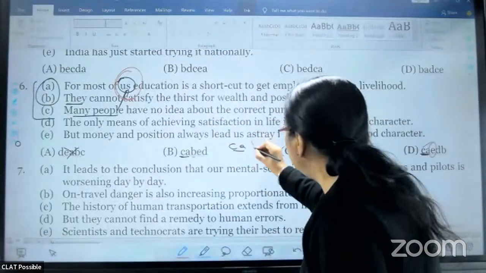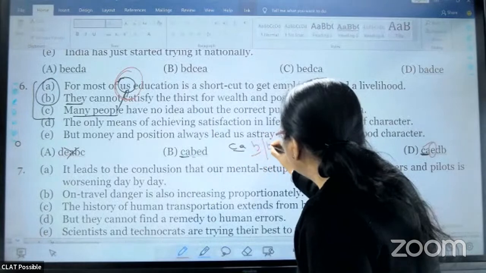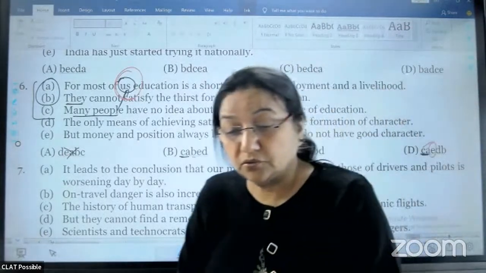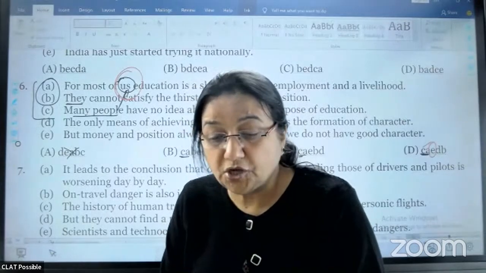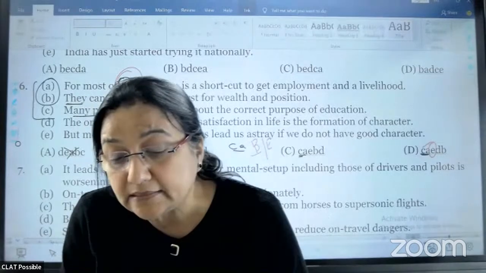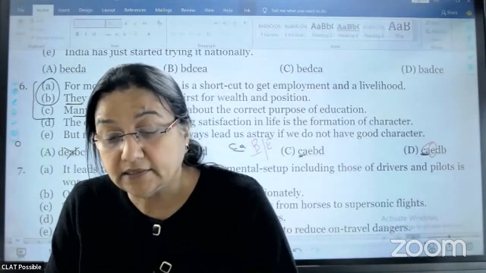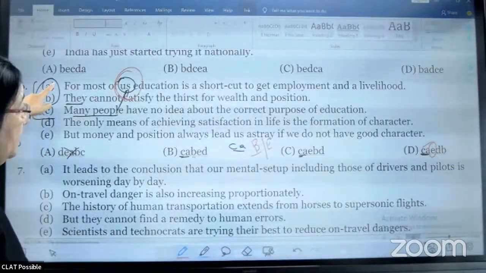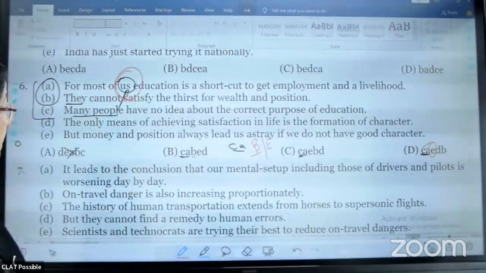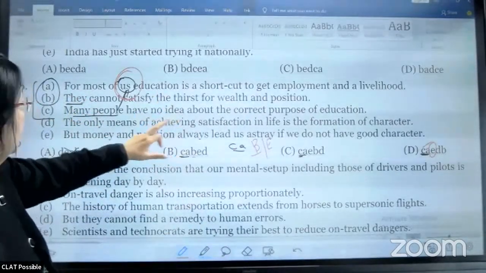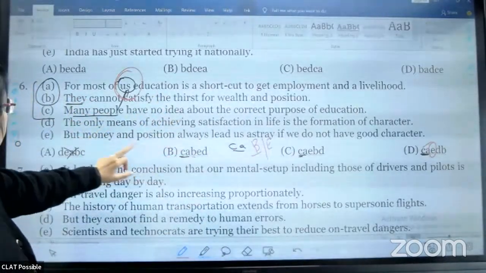Should it be B or should it be E? Check and tell me, and give me a reason also. Acha, shabash. Anadi, yes. Somebody says it should be C-A-B. Wow, that's a great thing. Why? You're absolutely right. Because here, look at it.